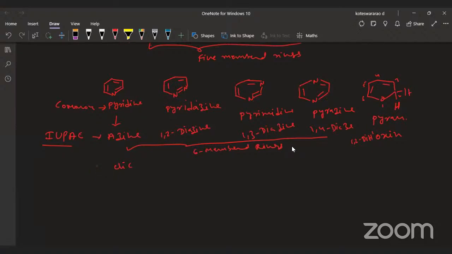Next, coming to the next one, bicyclic or fused rings. For example, this is nitrogen, indole. Isoindole.